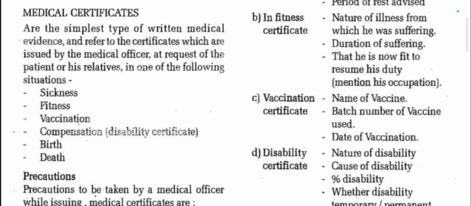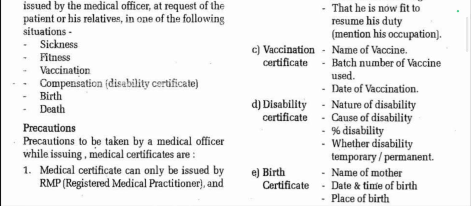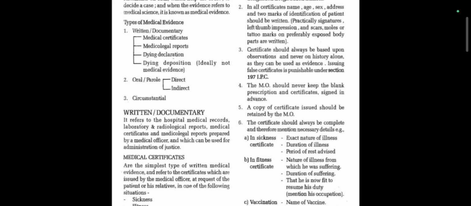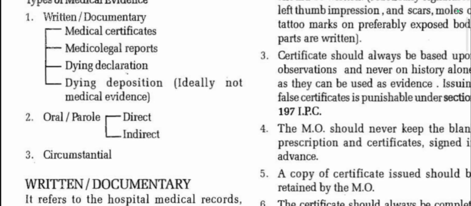Vaccination certificate: name of vaccine, batch number, date of vaccination. Disability certificate: nature of disability, cause of disability, percentage disability, and whether it is permanent or temporary. In a birth certificate: name of mother, date and time of birth, and place of birth. These are the things which come under the medical certificates.